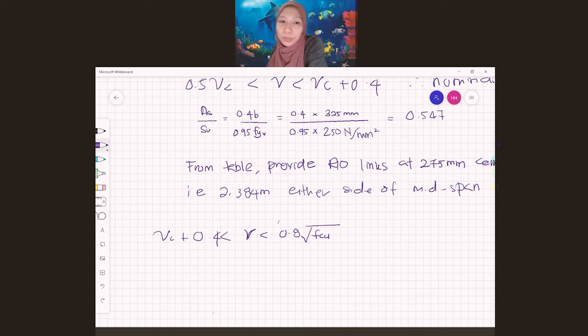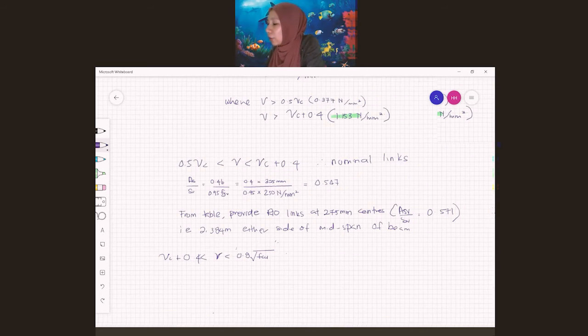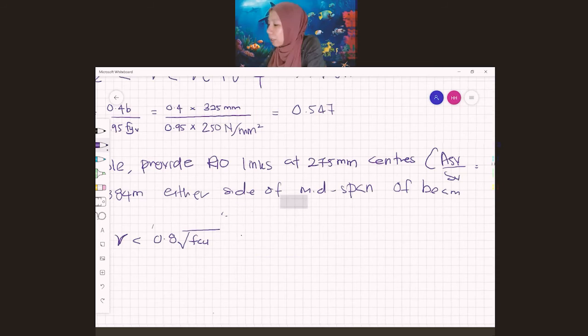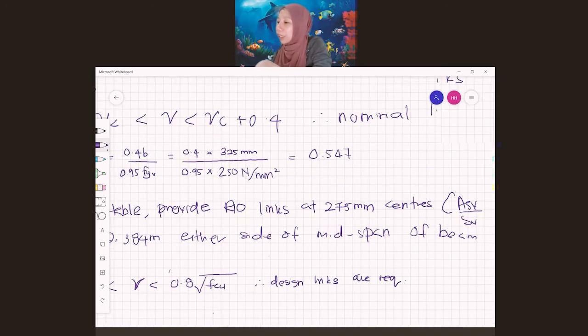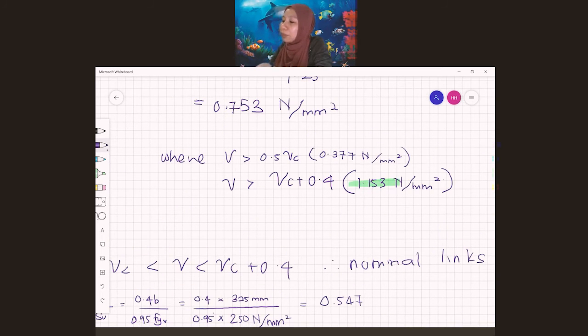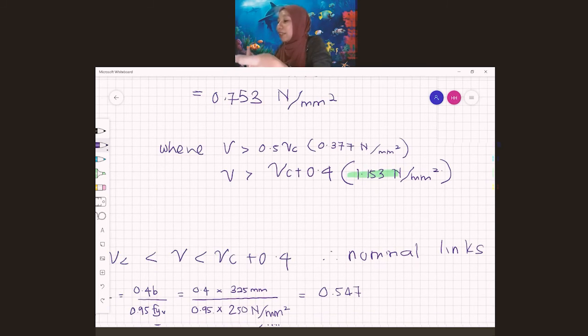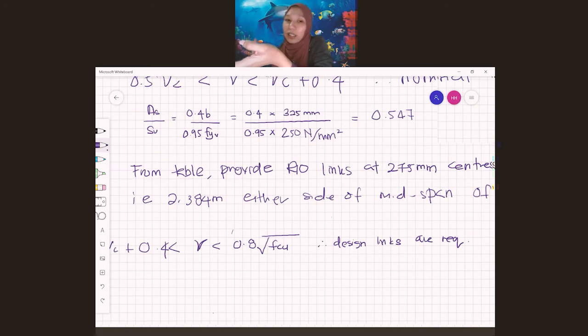So maksudnya ini adalah design link required. Memang kita kenalah buat design link sebab kita dah confirm dah dekat atas ni, V memang lebih besar daripada VC plus 0.4, but less than 0.8 square root FCU.